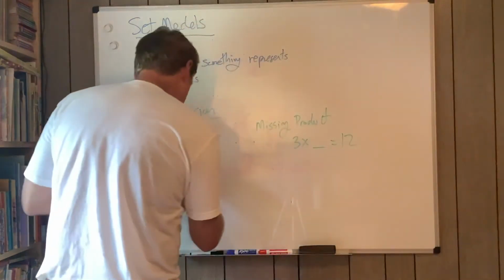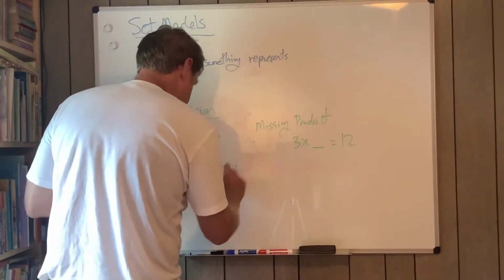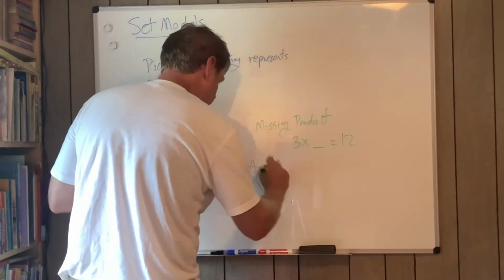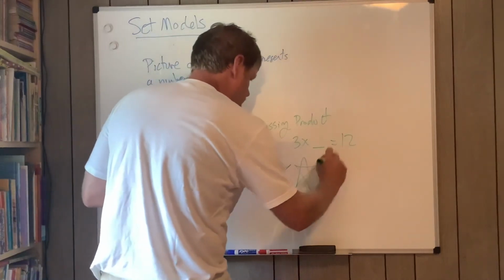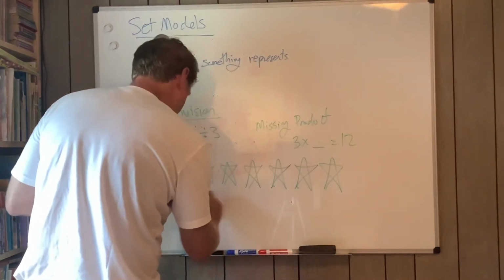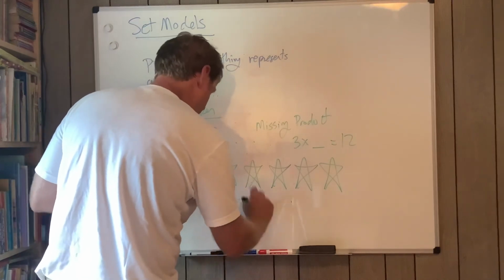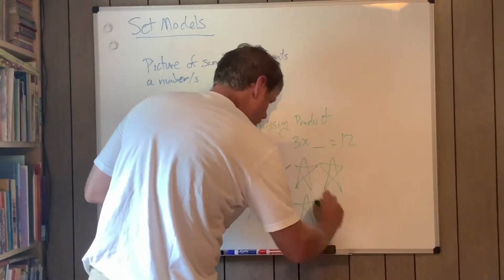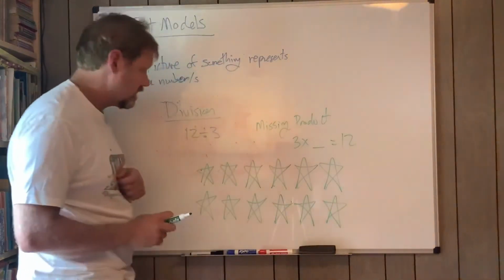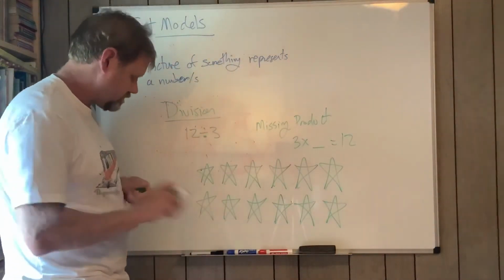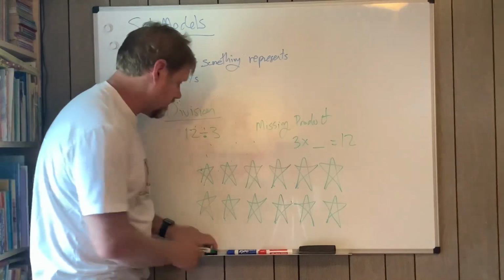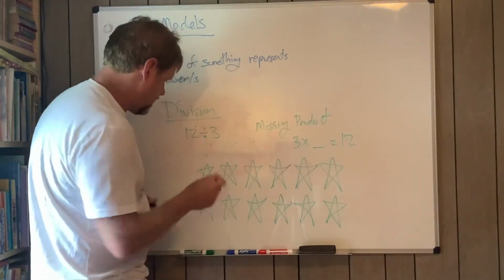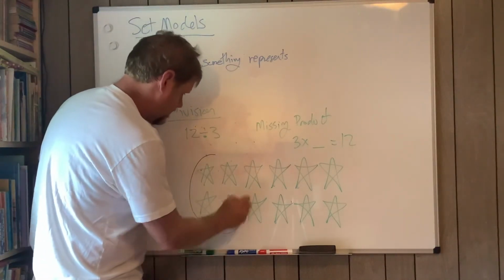So I will start with 12 stars. I want 3 groups of them. And this is quite nice.